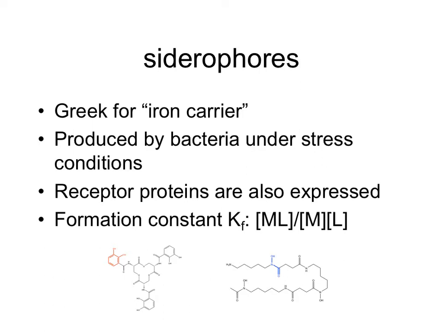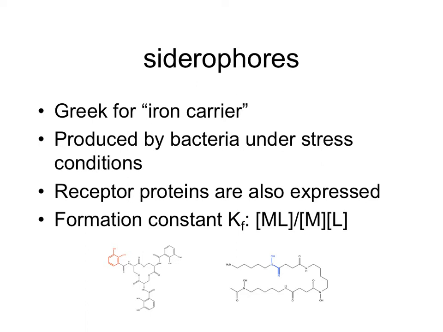And then there are receptors on the cell of the bacteria that can recognize the siderophore with iron bound to it, and it will absorb that back into the cell. They're produced by bacteria under stress conditions, specifically iron stress. So if they don't have enough iron, they'll produce these siderophores. The siderophores go out into the environment, and the bacteria can absorb them back in.